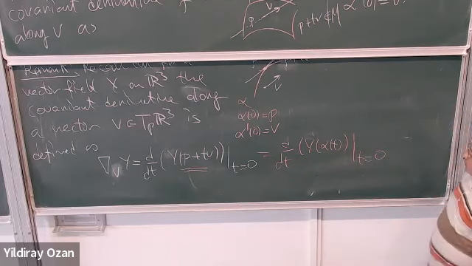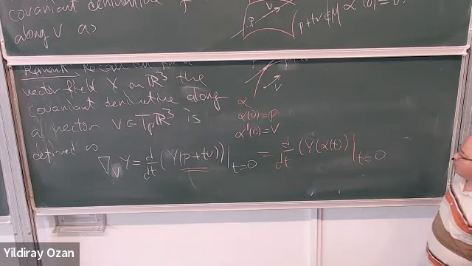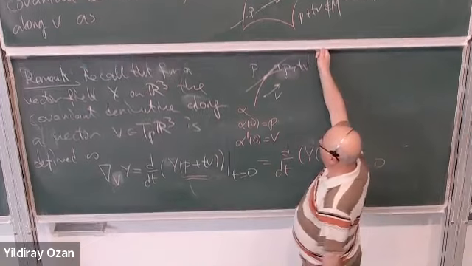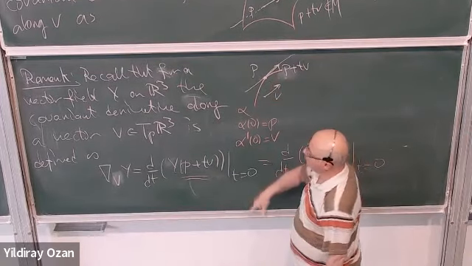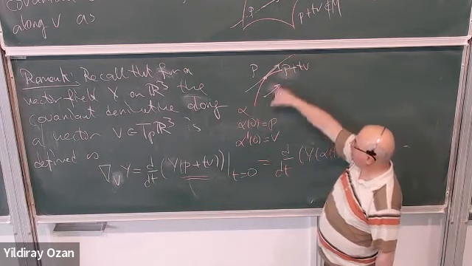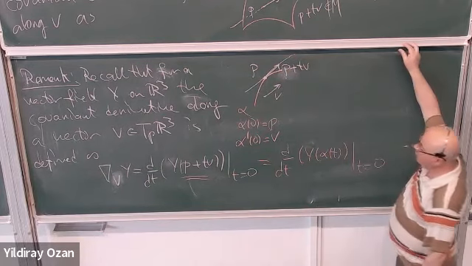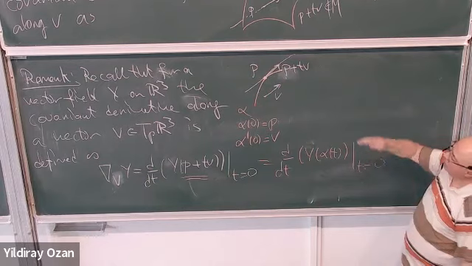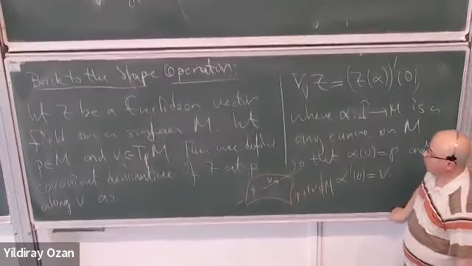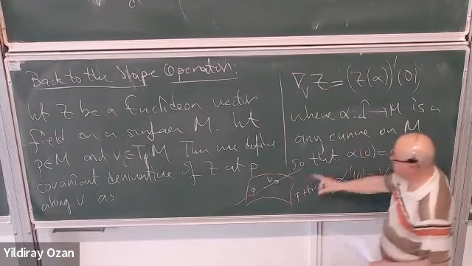So, if you are in R3, it doesn't matter which curve you choose to take the derivative, right? I can choose a line or any other curve. But on the surface, you know, I need to stay on the surface.